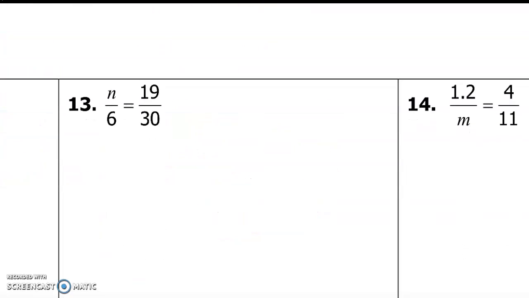For number 13, I see that my n is up here, so I'm going to do n times 30, or 30n. So always just put the number first and then the letter, equals 6 times 19, which is 114. All right, so again, multiply the ones that are diagonal, set them equal to each other.